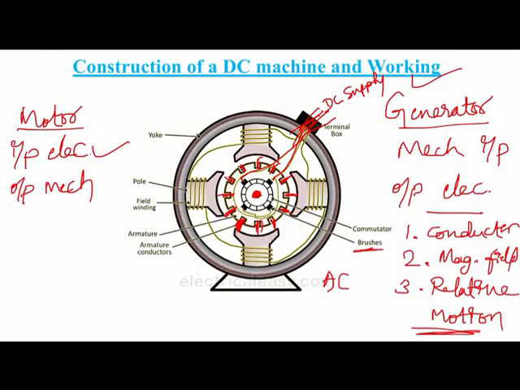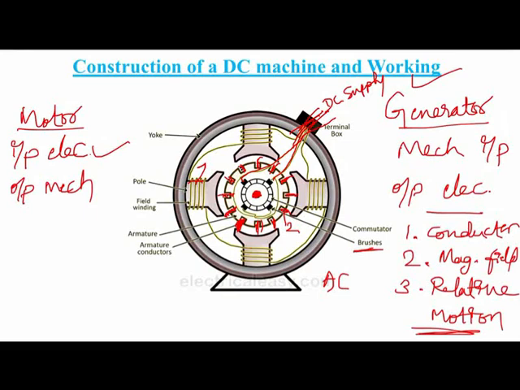One flux is due to the field winding. The other flux is produced due to the currents flowing through the conductors. When current is flowing through a conductor, it also produces a magnetic field.